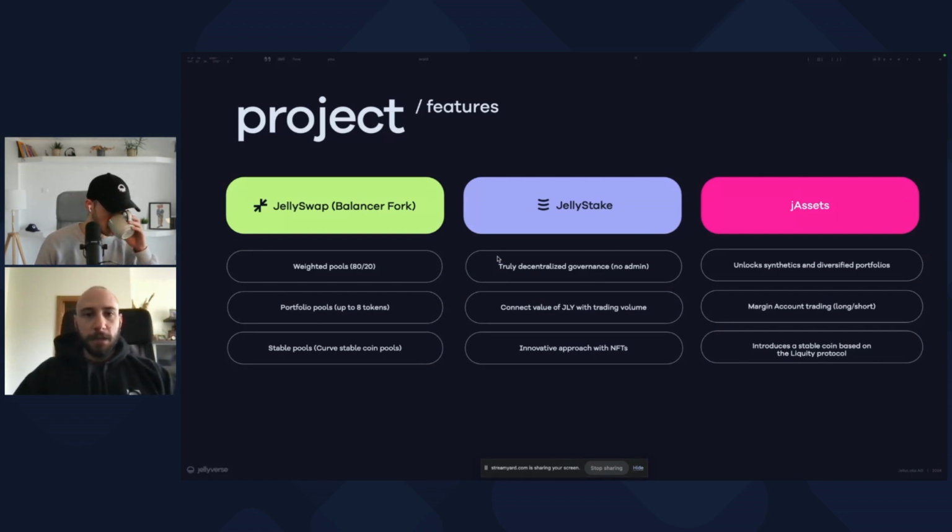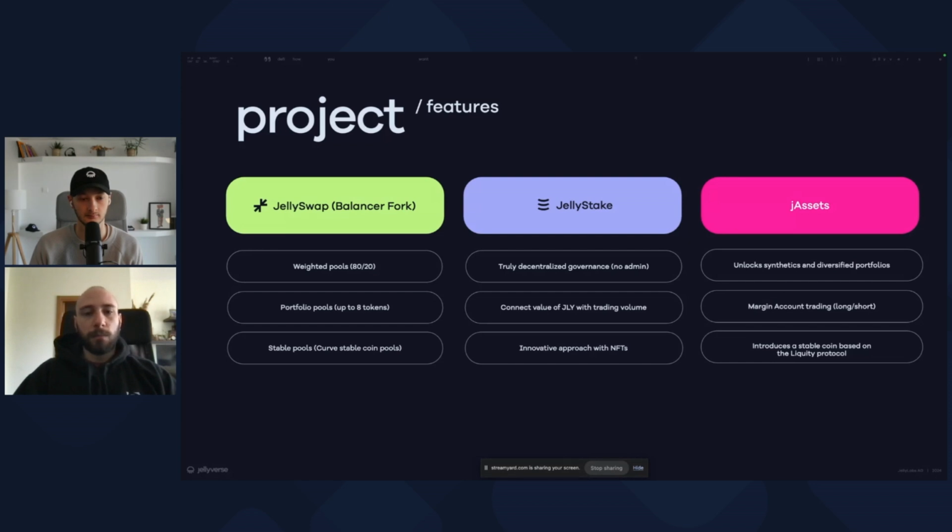This is kind of the project overview, just a quick reminder of what Jellyverse is, or at least currently is, because we definitely plan on making it even bigger. But for now, we have these three protocols in the making. One is JellySwap, which is a fork of Balancer with all the cool and nice features and pool types that Balancer has, like weighted pools, portfolio pools, and stable pools.